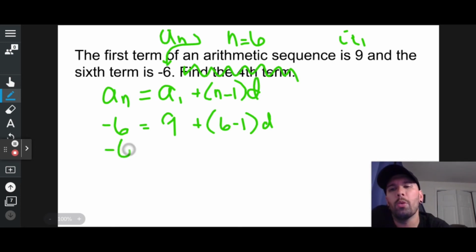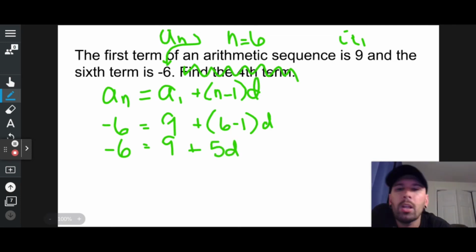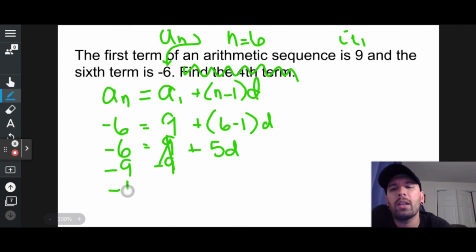I know Algebra 1. 9 plus 6 minus 1 is 5, so 5d. Right now it's just a two-step equation. Subtract 9 from both sides, cross it out, that gives you negative 15 equals 5d. Divide both sides by 5, d equals negative 3. Yuck!